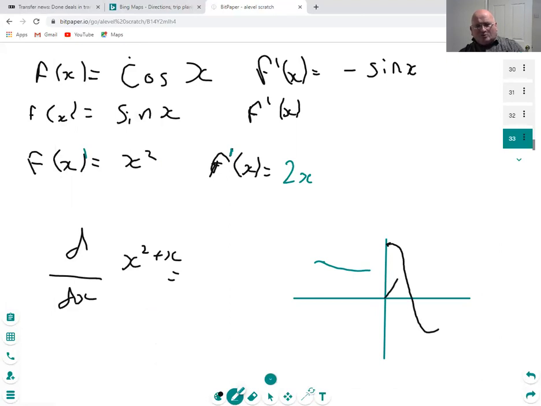That's because to start with, the cosine gradient is negative. It is actually negative sine x, whereas the sine curve is going up, and f dash of x is actually cosine of x. I'm just telling you that now. It's a result you'll see much later on in the course, and you'll be using the relationship between cosine and sine and their curves as you go on through A-level maths.